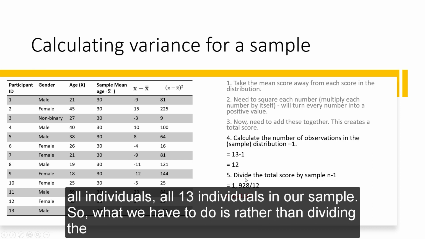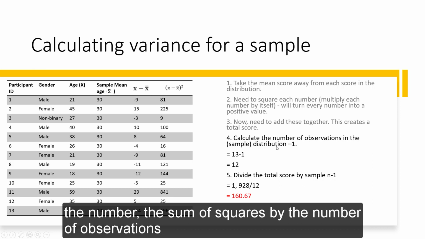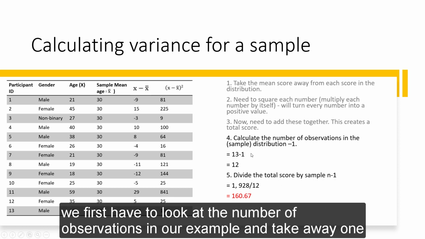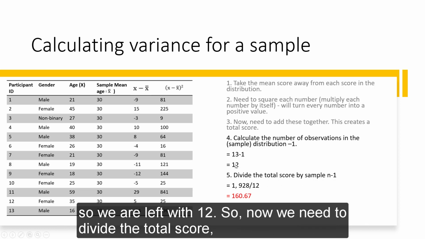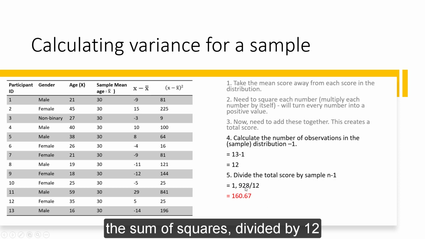So rather than dividing our sum of squares by the number of observations, we first have to look at the number of observations in the sample and take away 1. So we're left with 12. Now we divide our sum of squares by 12, and we get a variance of 160.